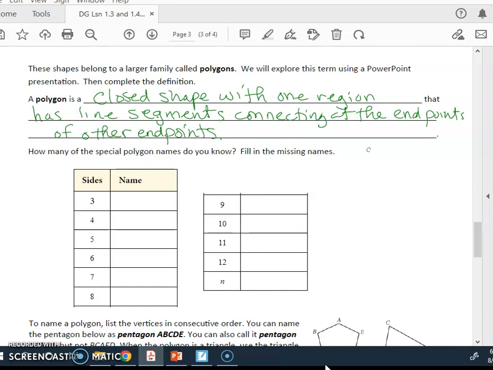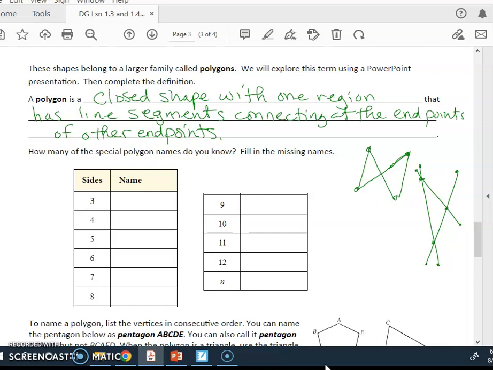So, for example, this would not be a polygon, even though the line segments are connecting the endpoints of other line segments. There are two regions. And this would not be a polygon because although there's one region, the line segments are not connecting to the endpoints of the other line segments.